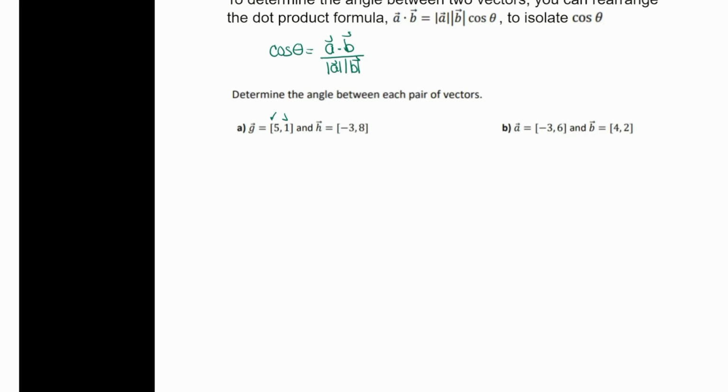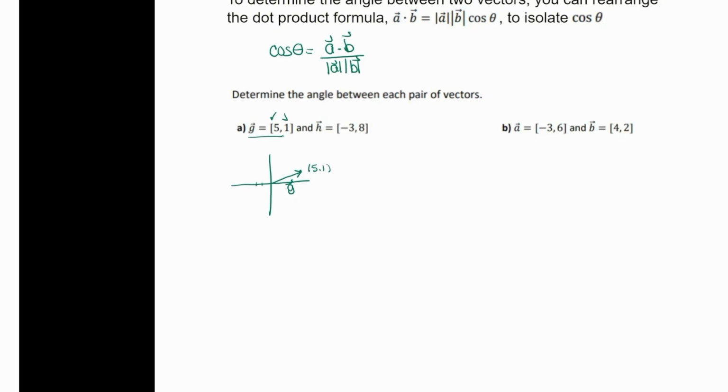If we wanted to think about what this looks like, we can always draw it out. So here's our Cartesian plane. My first vector G starts at the origin and has its tip at 5, 1. I'm just going to estimate out 5 and up 1, so we're going to estimate that it's right there. So this is vector G. Now we have a second vector H, and that's at -3, 8.